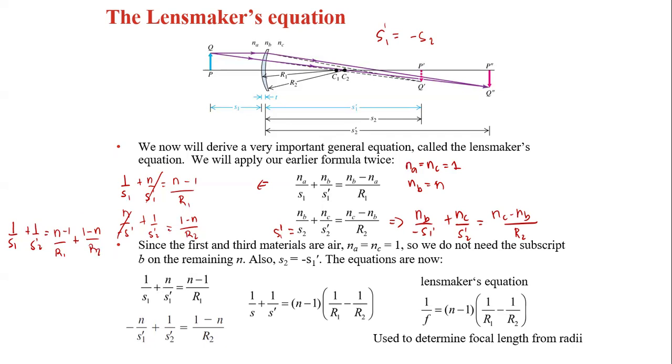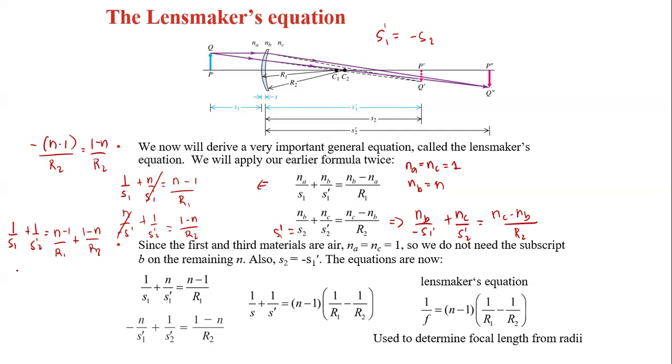Okay, what can we do? Can we make this one a negative? So we can make this one negative, n minus 1 over R1, and R2 will become equal to 1 over R2.